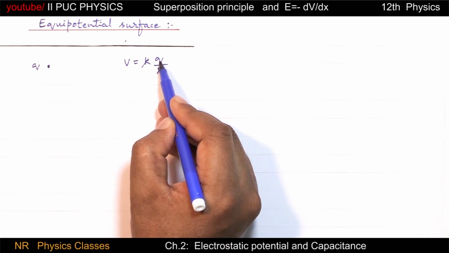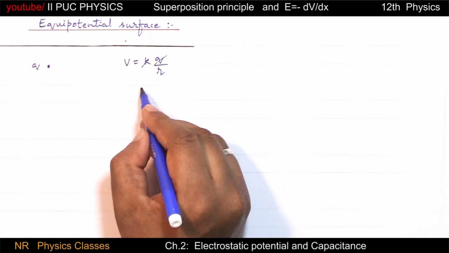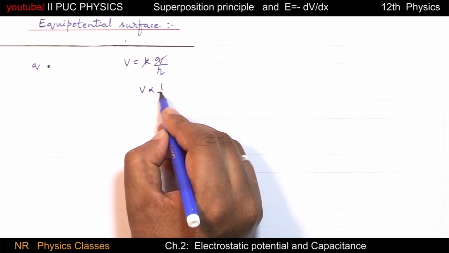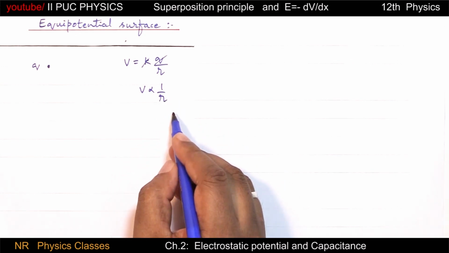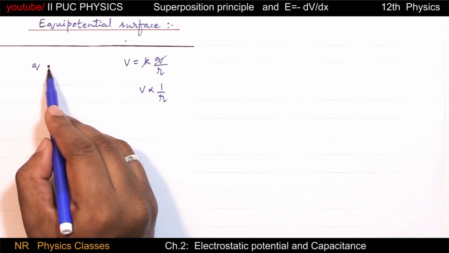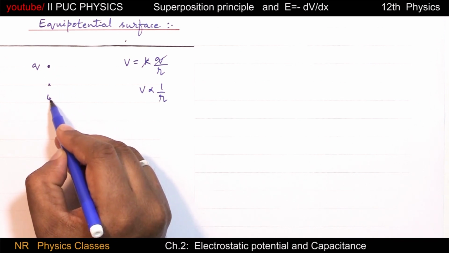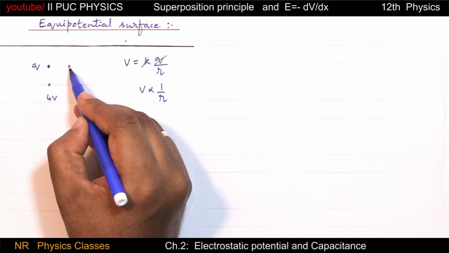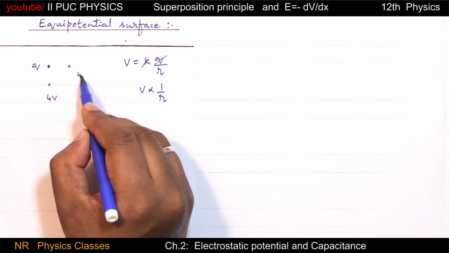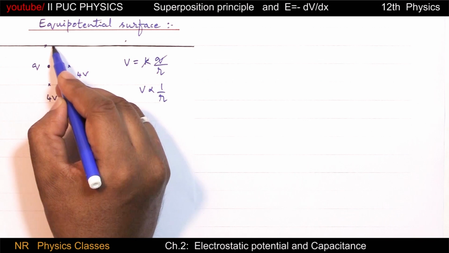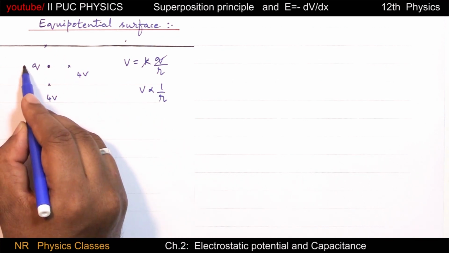Let us keep the charge fixed. This is also a constant. So potential is inversely proportional to distance. From this charge, find the potential at this point. 4 volt. Potential at this point at the same distance, 4 volt. Potential at this point, 4 volt. Potential at this point, 4.